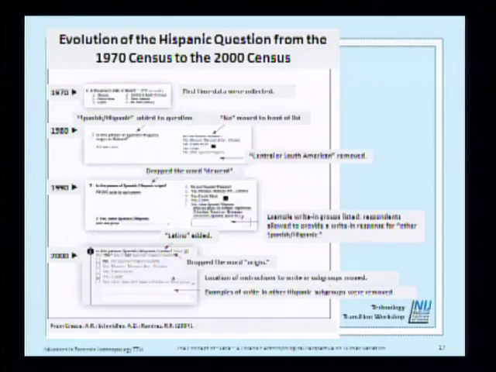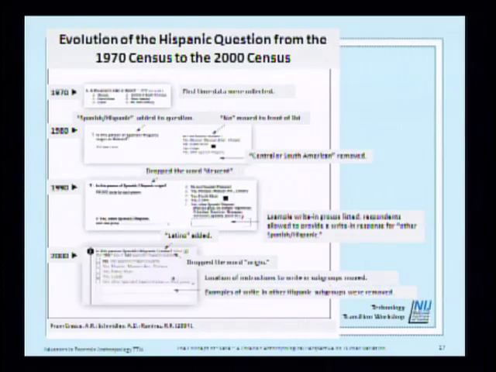I guess no was removed from the list, and then Central and South America were removed in 1980. Then in 1990, they dropped the word descent and added origin in there. So obviously they're confused and kind of thinking about what they're supposed to be saying. And then in 2000, they added Latino and dropped the word origin.